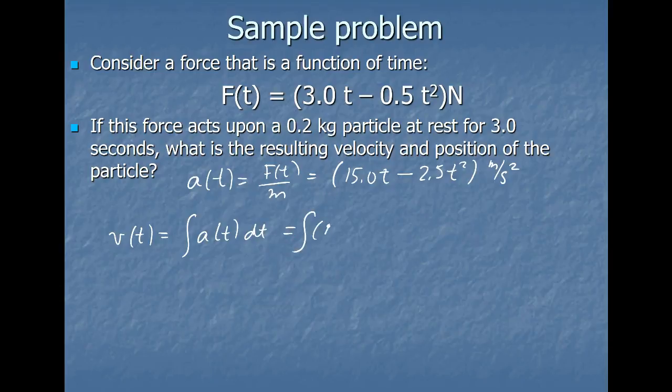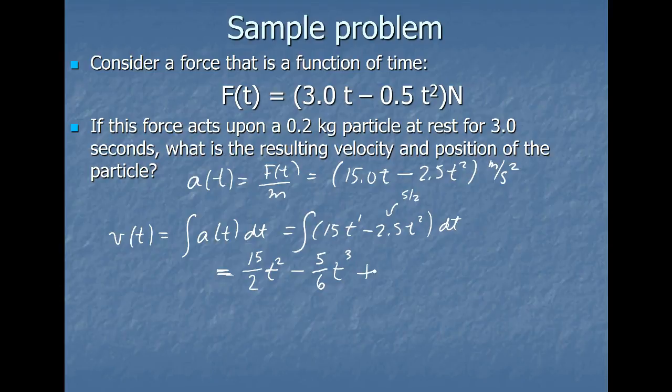So let's do that. Let's take the integral of 15t to the 1 minus 2.5 t to the 2 dt. And so t to the 1 is going to increase to t to the 2, and then 15 is going to get divided by 1 plus 1, which is 2. Let's call this 15 halves. Then t squared will turn into t cubed, and we divide 2.5, or 5 halves, by 3 to get 5/6.